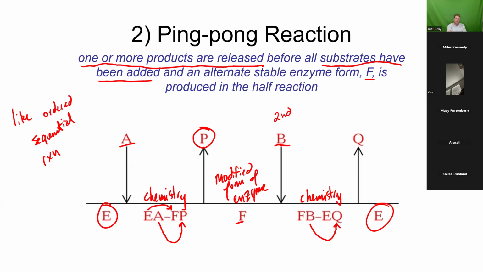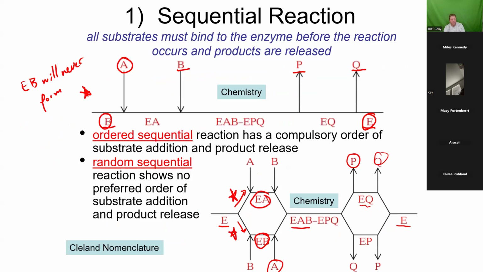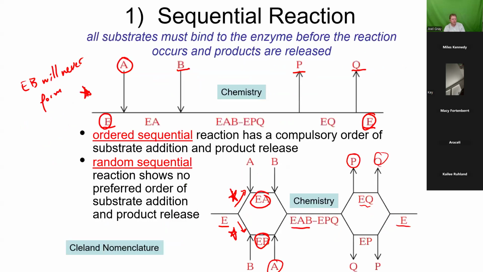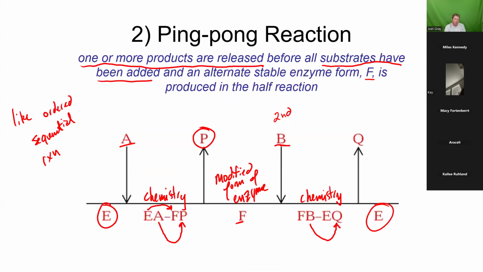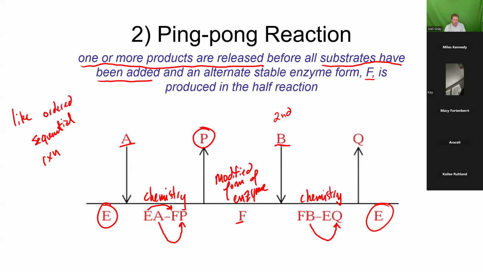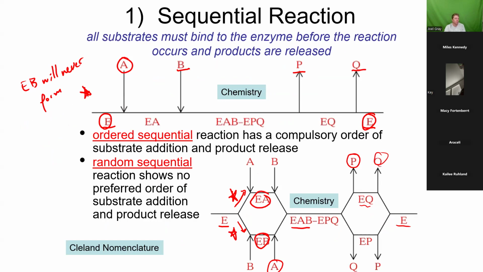So between our sequential reactions and our ping pong reactions, our ordered sequential reaction has a designated, essential, and necessary sequence. Our ping pong reaction does as well. Our random sequential reaction, there's no essential sequence that has to take place, whereas in our ping pong reaction and our ordered sequential reaction, there is.